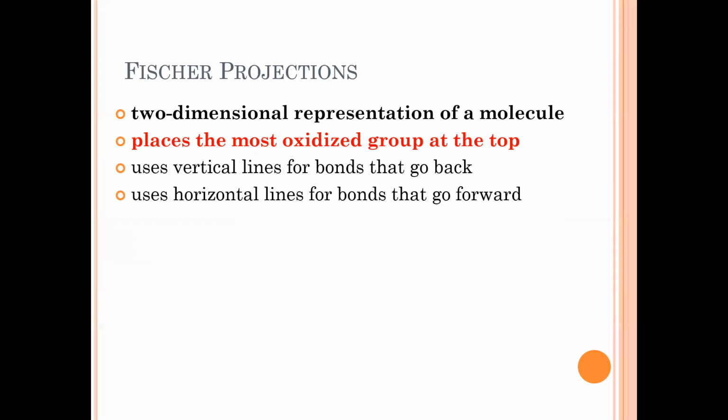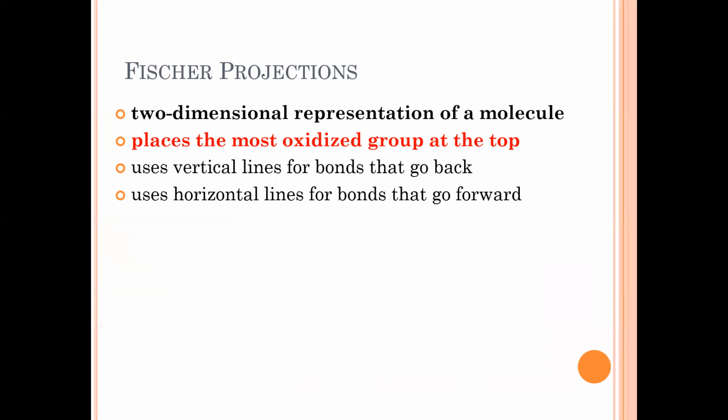Now, when we draw some of our molecules, sometimes we've drawn our straight chains going across. Now, when we start drawing our carbohydrates soon, we're going to draw them in what we call Fischer projection, which means that we're going to draw them going up and down, instead of right to left.